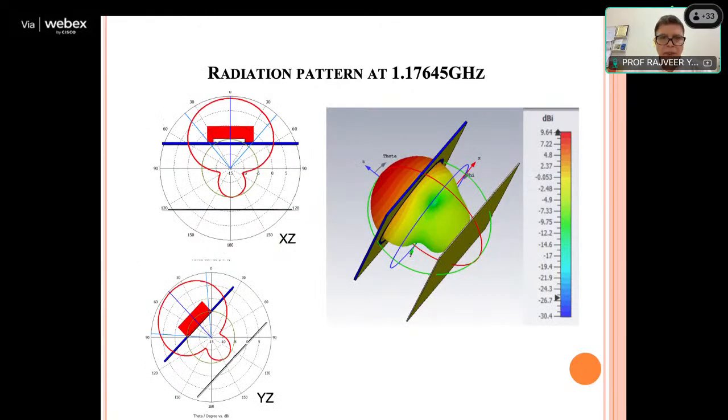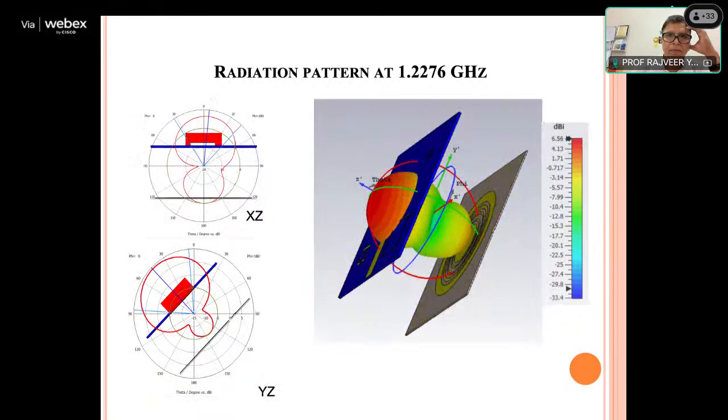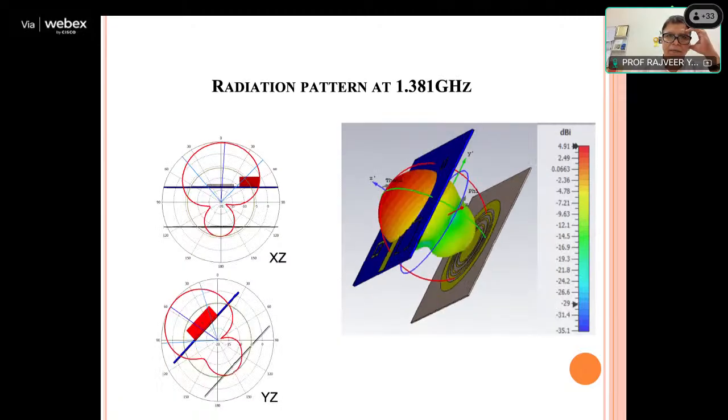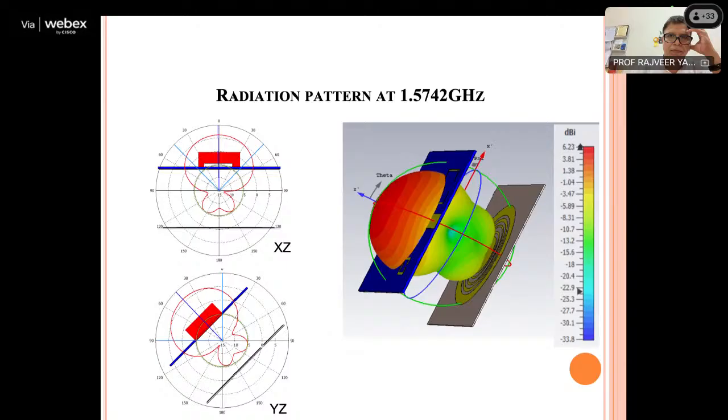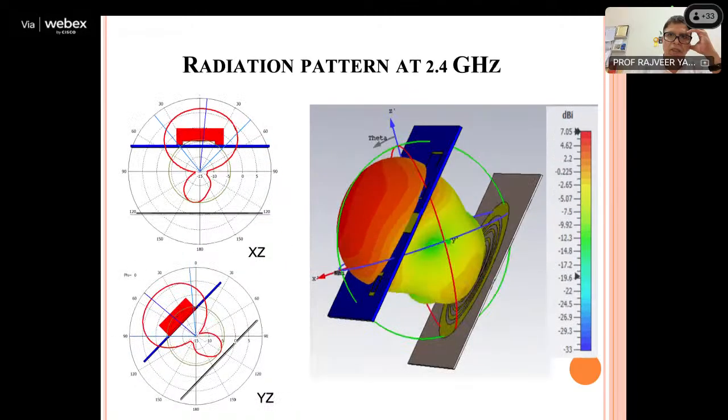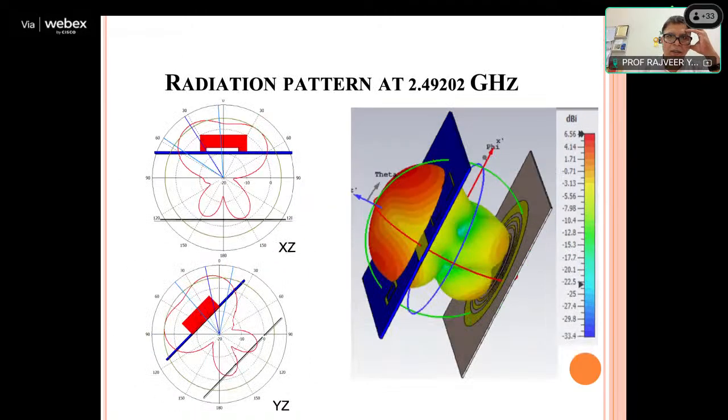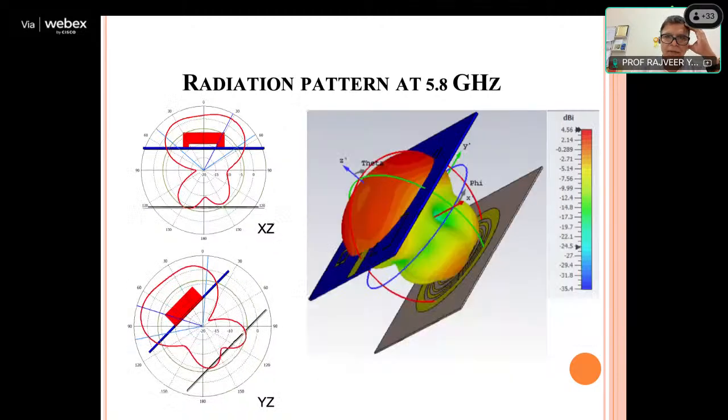These are a few patterns depicted for your know-how, showing how the radiation pattern of these structures looks at different frequencies. This is 2.4 gigahertz. This is at Navik frequency 2.49.